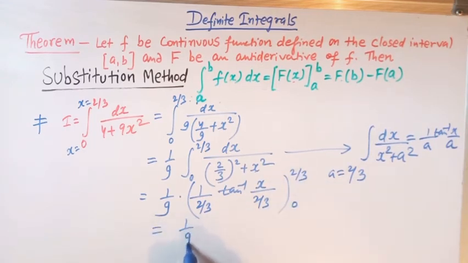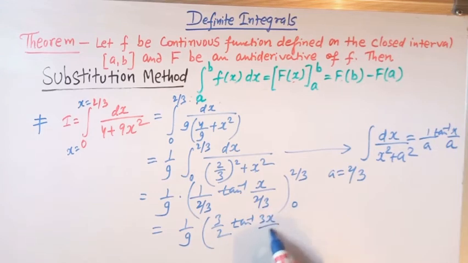Now this is 1 by 9, here we have 3 by 2, and this is tan inverse 3x over 2, and the limits are from 0 to 2 by 3.